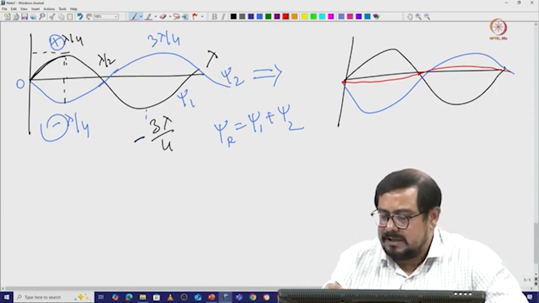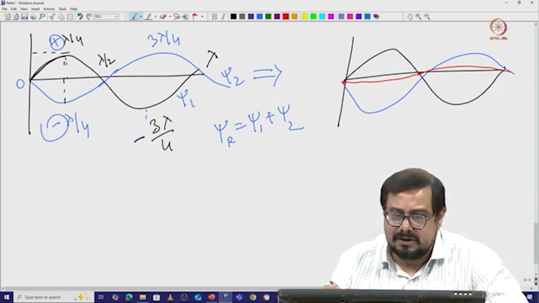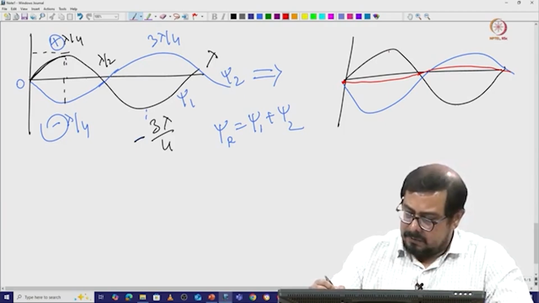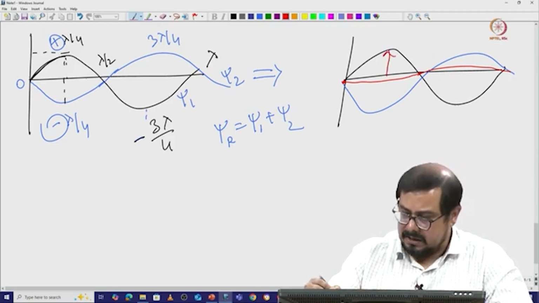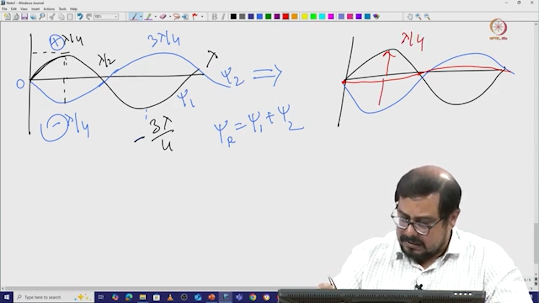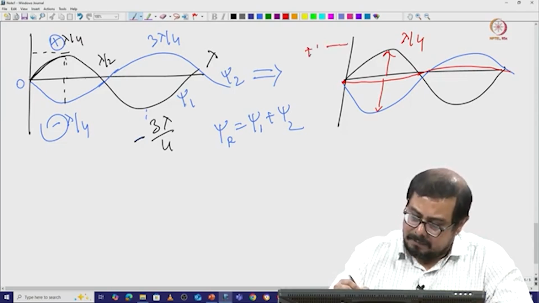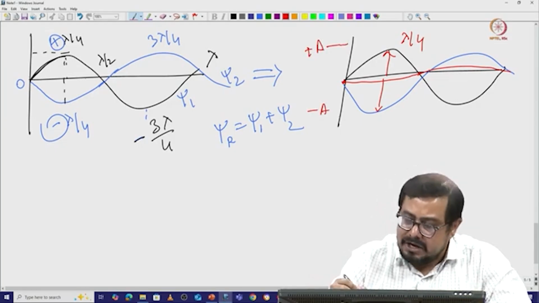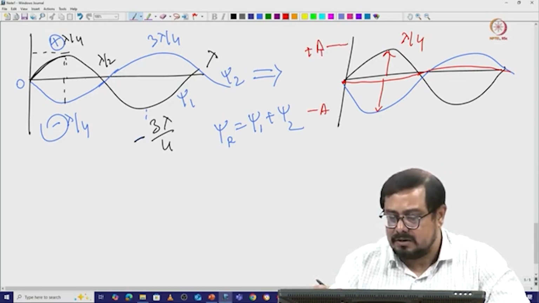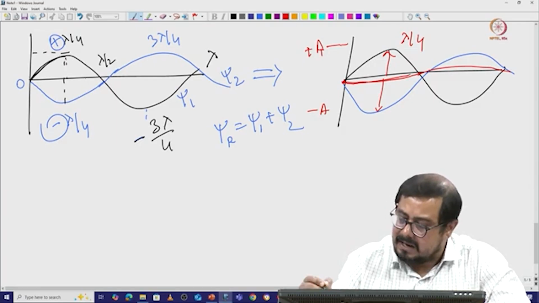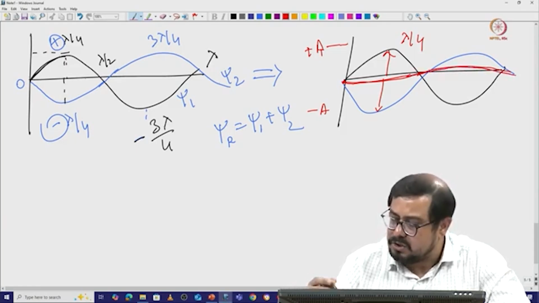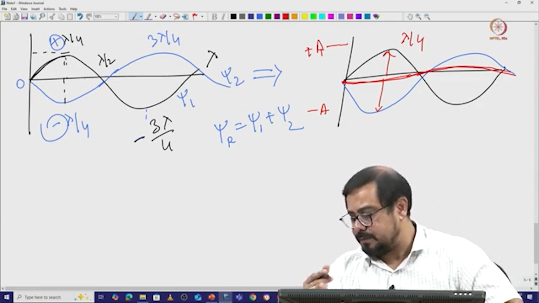You can see this resultant wave also starts from 0, but the major change is that at lambda by 4, in both cases, if this one is plus a, this one will be minus a, and they neutralize each other, and we get a wave with no amplitude, or almost close to 0 amplitude.